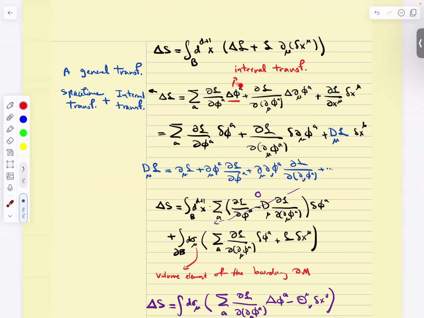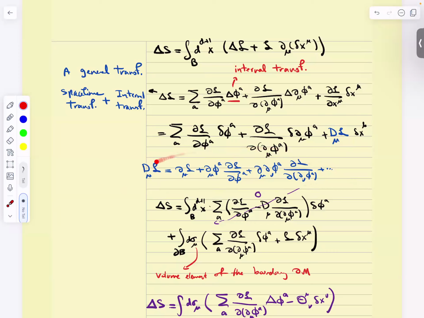You plug in what delta phi A and this guy is. You bring del mu out of this, you expand it, you obtain the following equation. This is a few lines of algebra. So you obtain the variation with respect to phi A, the variation with respect to derivative of phi A, plus a total derivative. We already encountered this total derivative when we were doing the Euler-Lagrange equations. I went through it very fast back then.